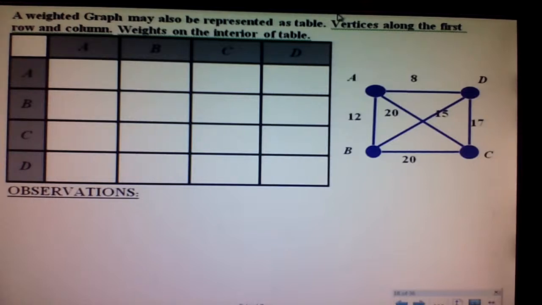You are going to have to either take a graph and create a table, or take a table and create a graph. So we're gonna do both. In the table, these are your starting and this is your ending.